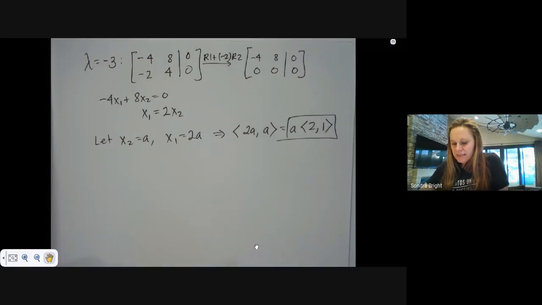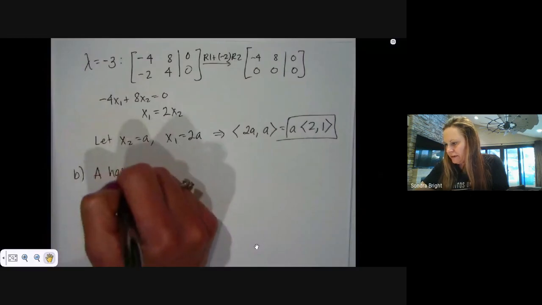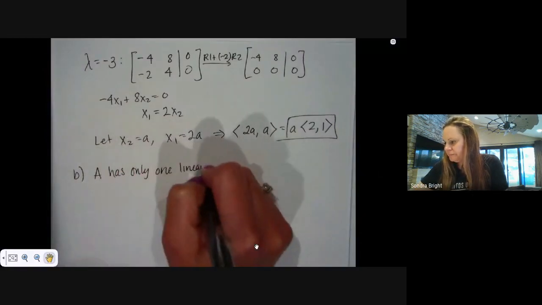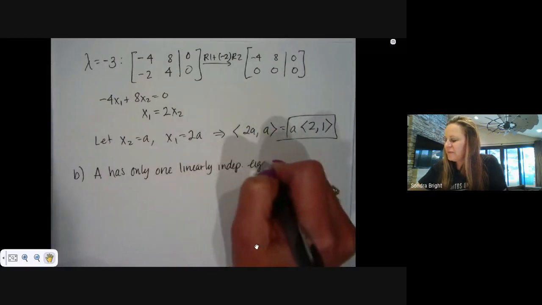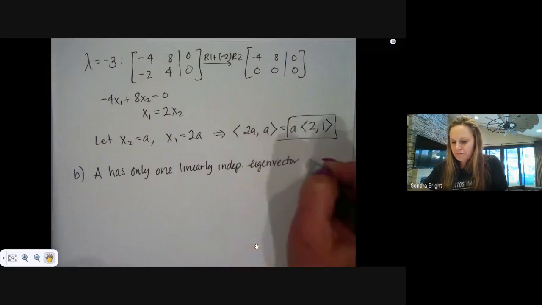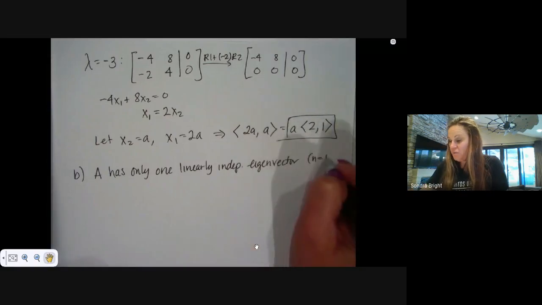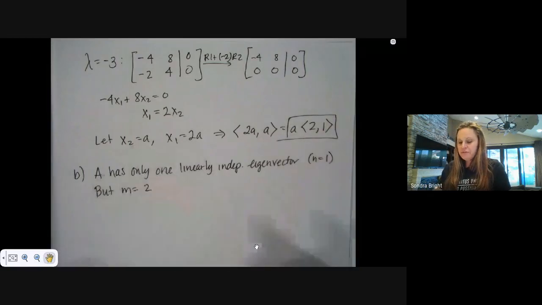So notice that A has only one linearly independent eigenvector. When they were talking about those n's and m's, here n is 1, but m was 2. It's your multiplicity, you had a multiplicity of 2.